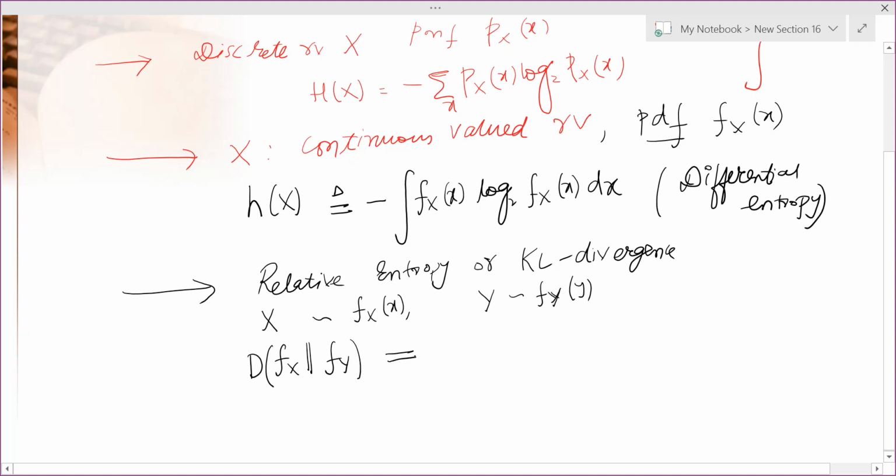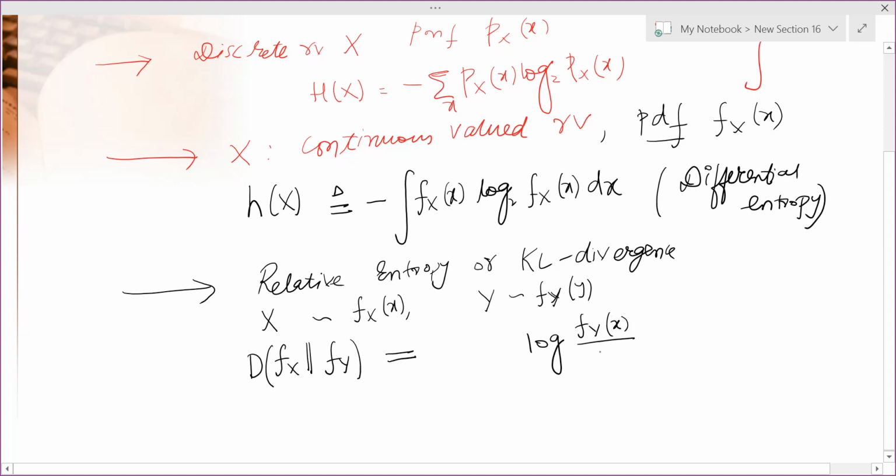So if you recall, from the discrete case you had a log of, then there was a py, here we have fy of x. I will write x here for clear reasons.